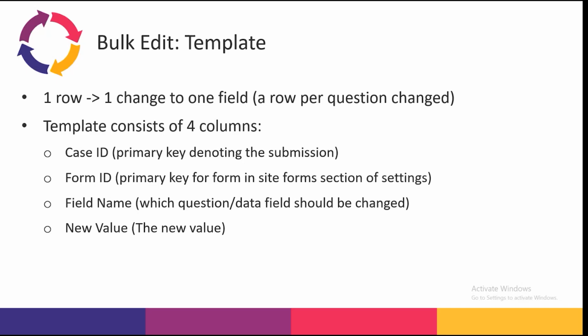So the form ID, you might want to edit an activity report, so you'd use that for that section. The field name is which question or data field should be changed. And the new value is essentially what you want it to be changed to. So very, very simple. You don't need the old value. You just need what you want to put in as the new value.